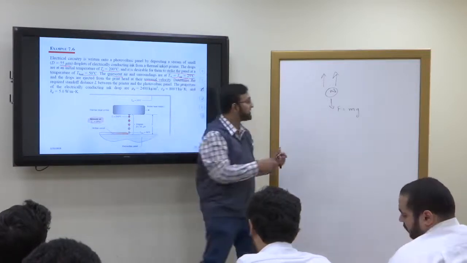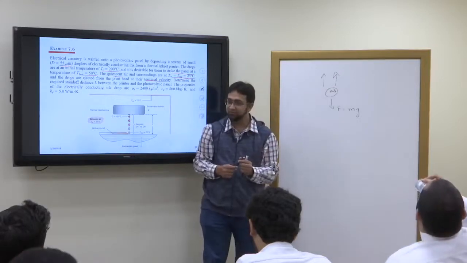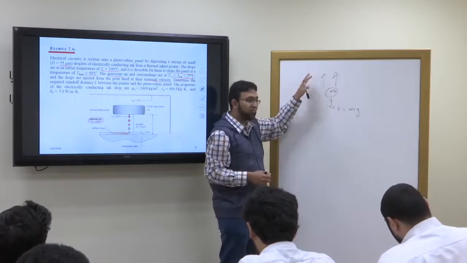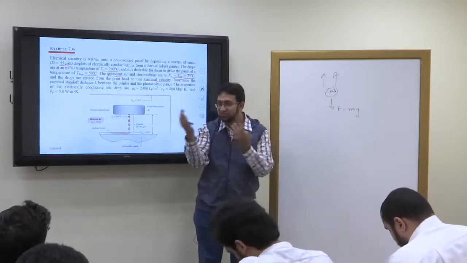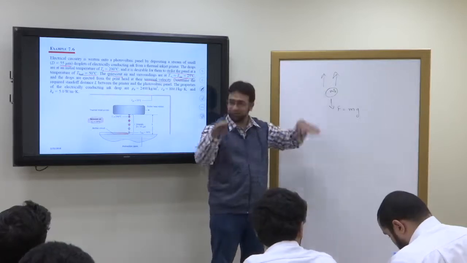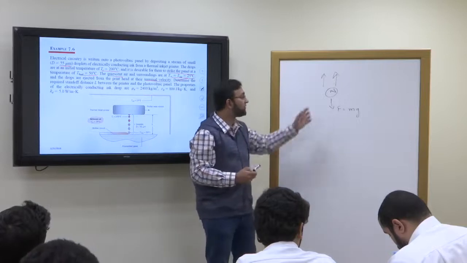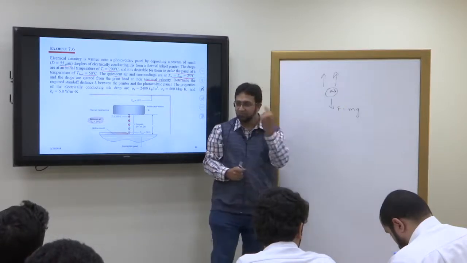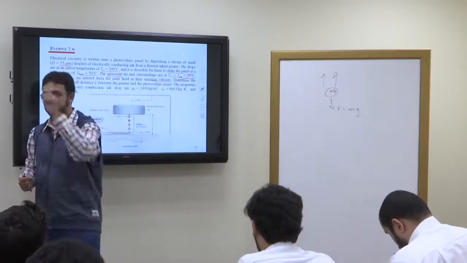How much air will be displaced depends on the size of the droplet. By displacing this air, you have a buoyancy force acting on it, because there is a density difference between the droplet and the air. The buoyancy force will be equal to the weight of the air displaced.